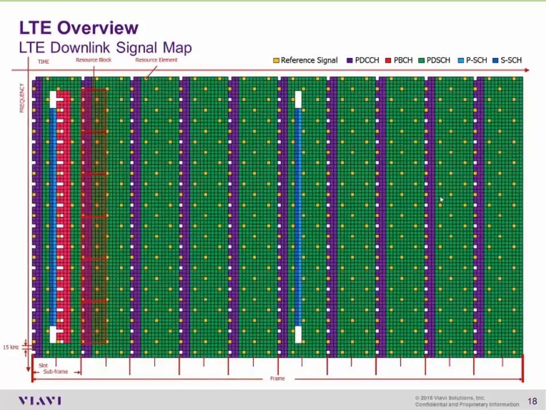The light blue and the dark blue are the primary and the secondary sync. Sometimes you'll see the secondary sync referred to as a channel. I personally don't refer to it as a channel because the information is static. It does not change. To me, it's more of a signal. But what's more important is to realize that the secondary sync has multiple ones and zeros. With BPSK, each one of these blocks is going to be either a 1 or a 0.